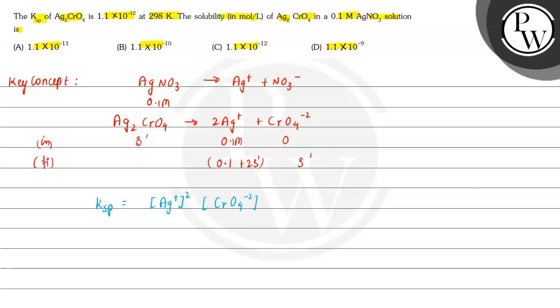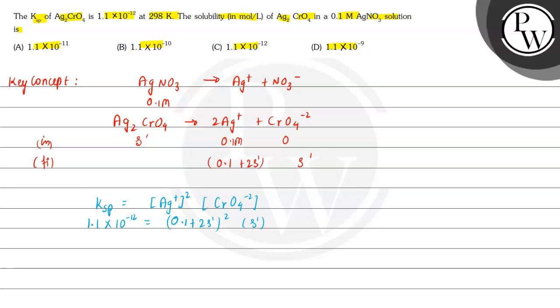So the KSP value is given to us, it is given as 1.1 multiplied by 10 raised to power minus 12. This will be equal to the Ag plus concentration, which is given to us. So Ag plus in this case will be 0.1 plus 2 S dash whole square multiplied by S dash.